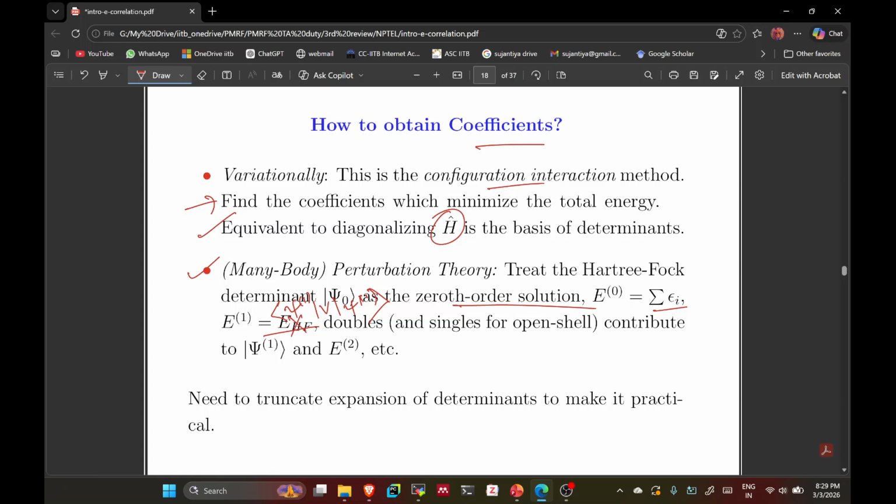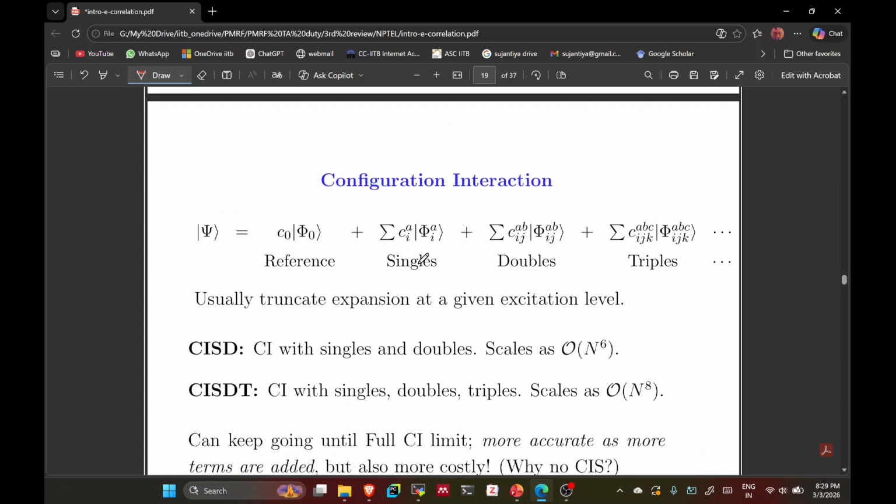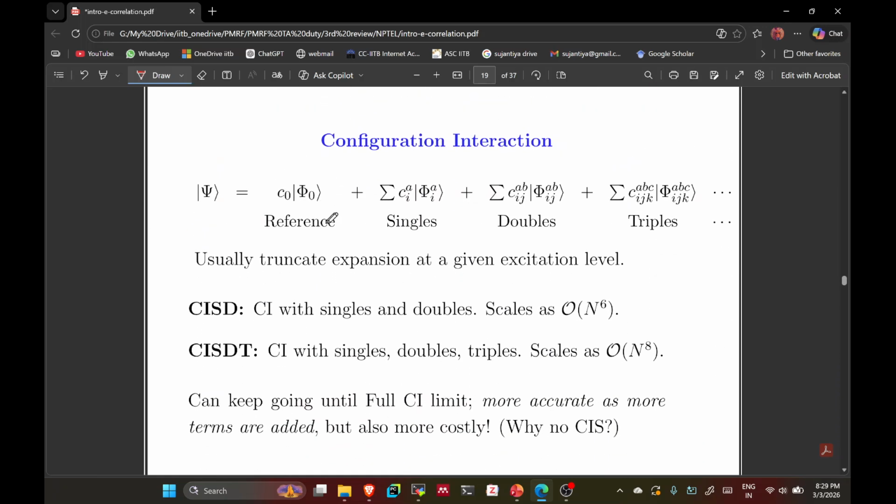So then there is the configuration interaction, usually truncated. This is very famous, CISD. You take up to singles and doubles, and it scales as 10 to the power 6. I have already discussed the scaling problem when I was discussing the slides given by David Sherrill for the Hartree-Fock.